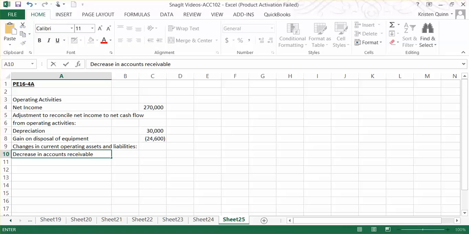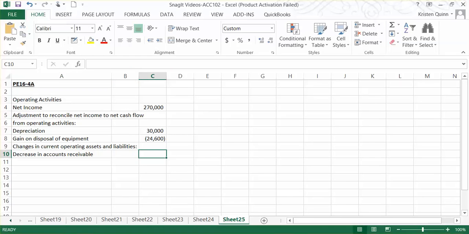So, decrease in accounts receivable. The way that our accounts receivable decreases is when we collect cash from our customers. So our journal entry would debit cash and credit accounts receivable. So when our accounts receivable goes down, our cash flow actually increases. So we are going to add the $16,800 change in our accounts receivable.